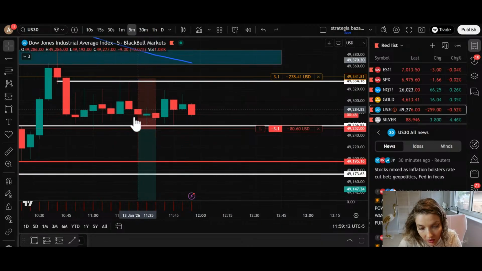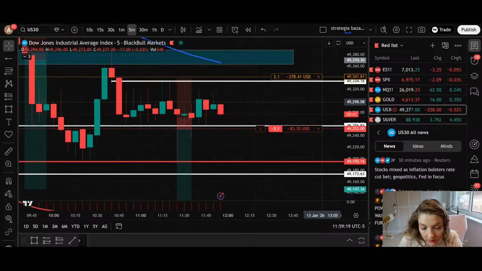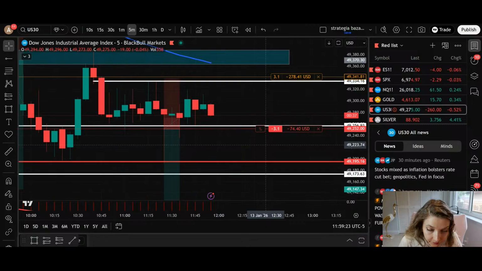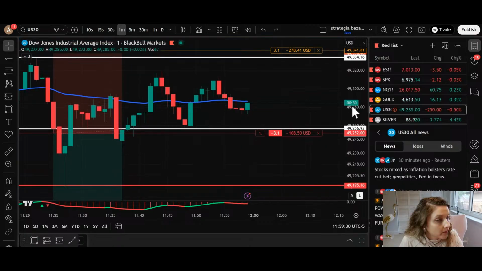This is a doji candle. I don't like it. It keeps rejecting this area right here. But the doji is playing with us.